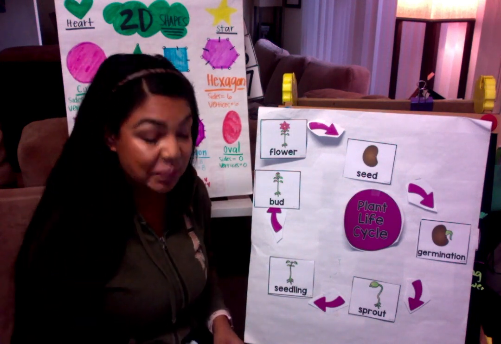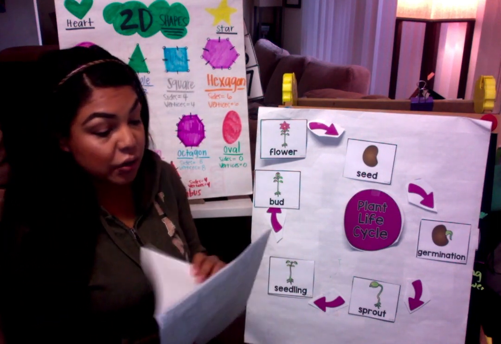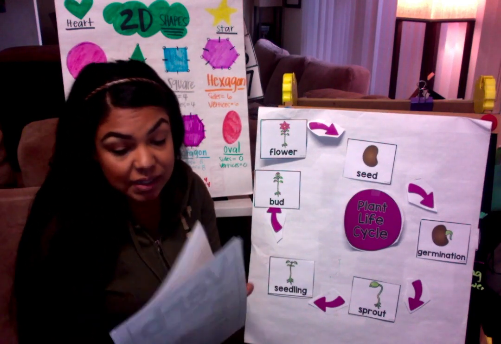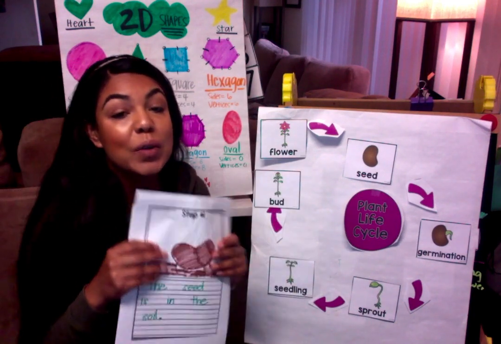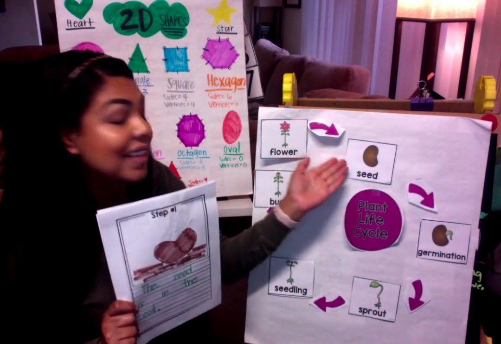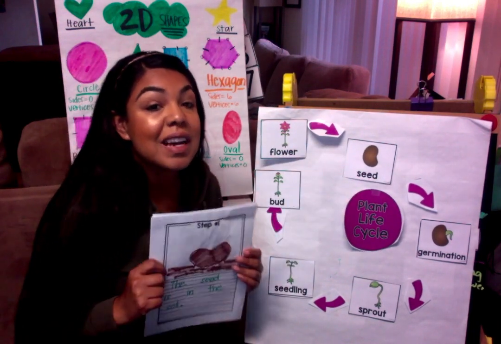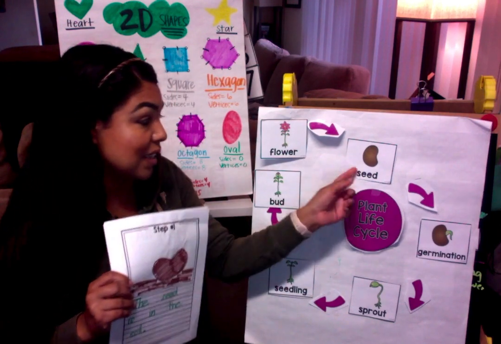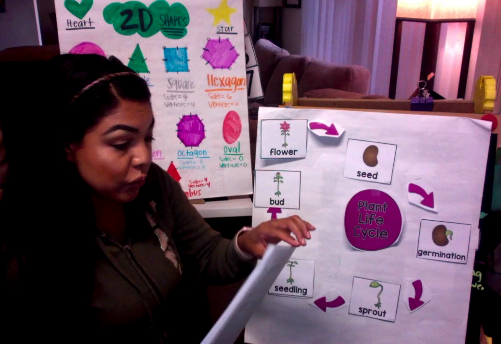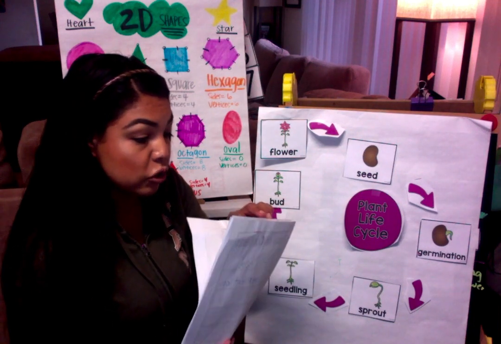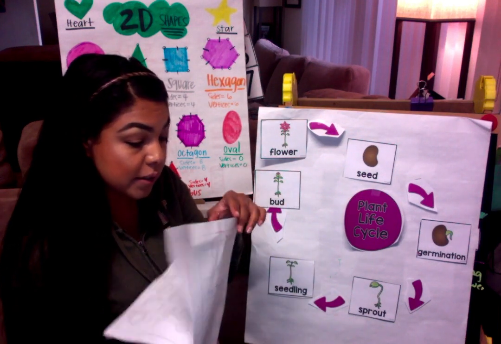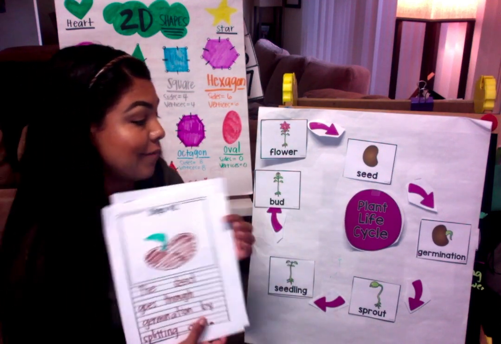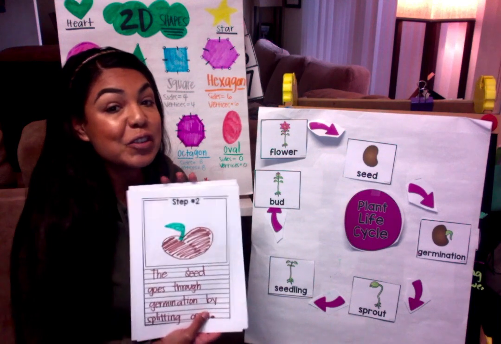Okay, everyone ready? All right, so we know that for step number 1, we had a seed. We know that the beginning of the plant life cycle begins with a seed. Step number 2. So in my book, step number 2 is germination.